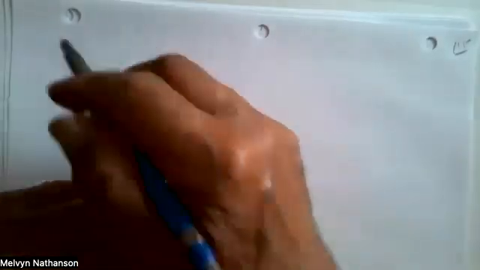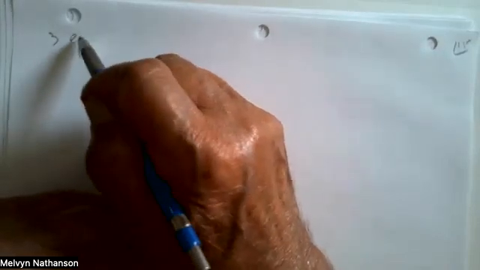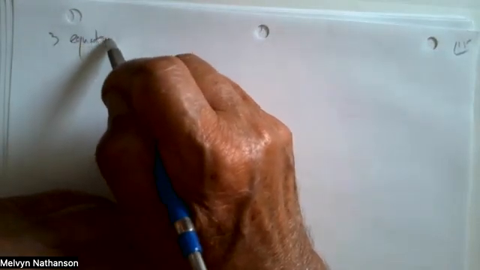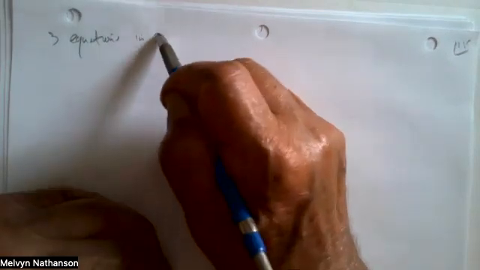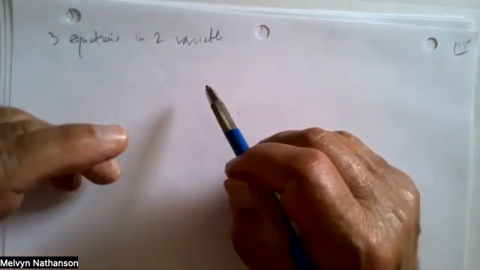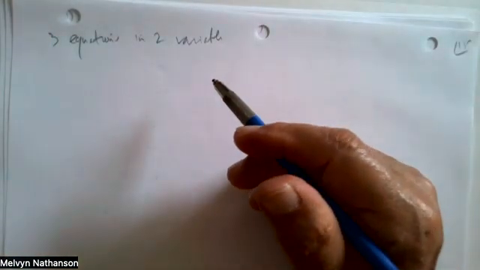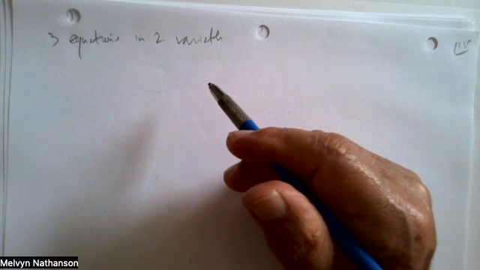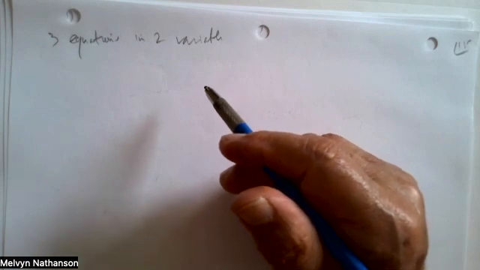Here's a system of 3 equations in 2 variables, right? The number of equations and the number of variables can each be anything. You don't have to have 2 equations and 2 variables. You can have 15 equations and 100 variables, or 100 equations and 15 variables.